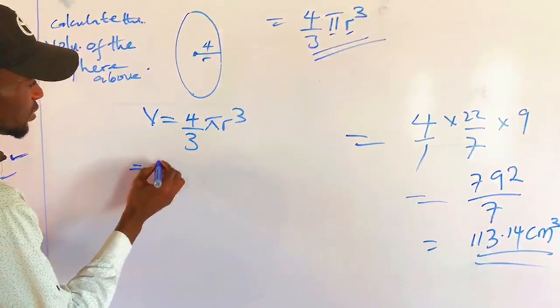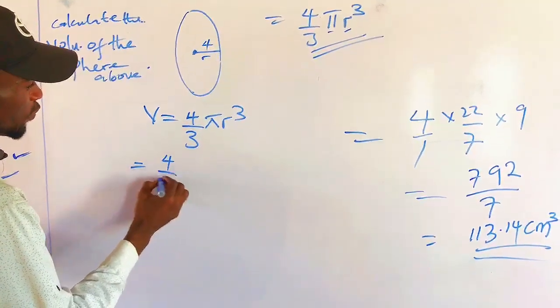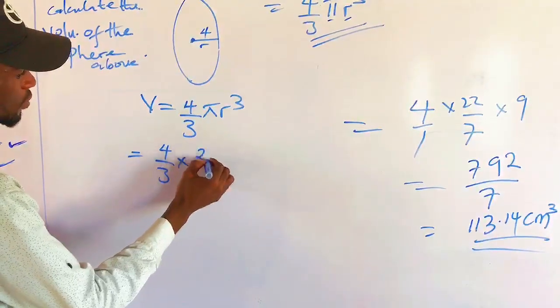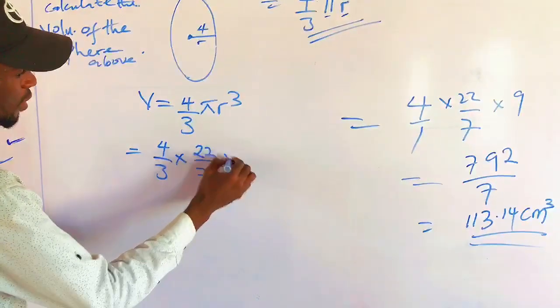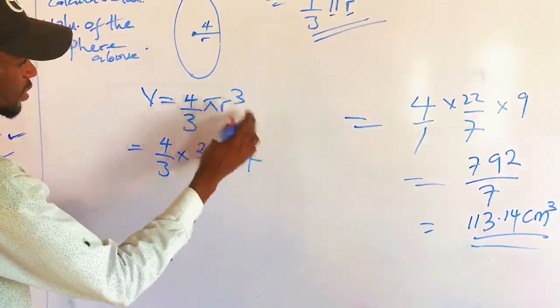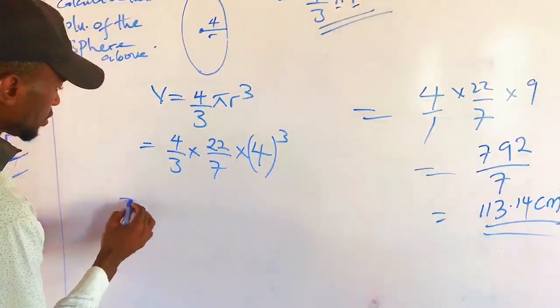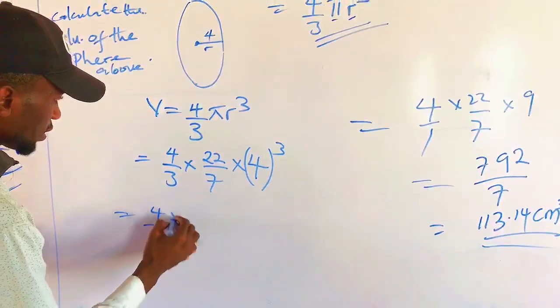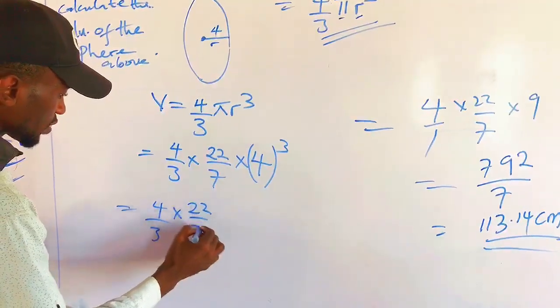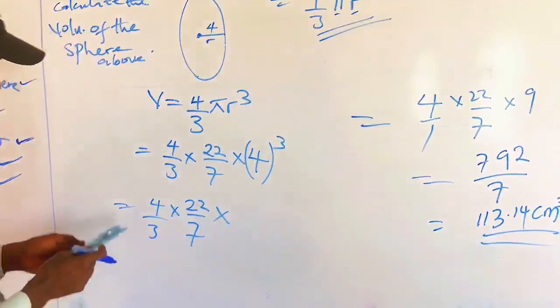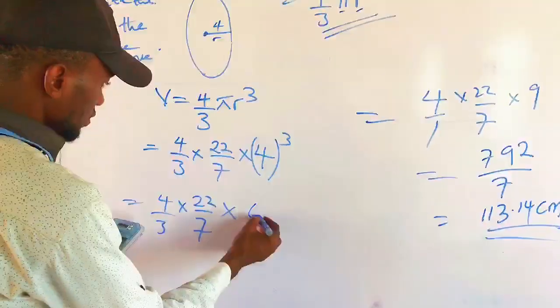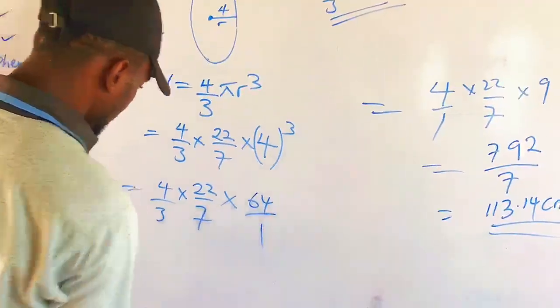So we are going to apply this: equal to 4 over 3 times our pi, which is 22 over 7, multiplied by 4, which is the radius, all cubed. So this is equal to 4 over 3 times 22 over 7 times 4 raised to the power of 3, which is 64 over 1. Alright.